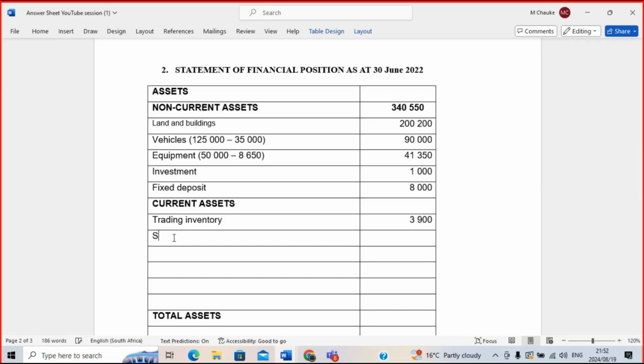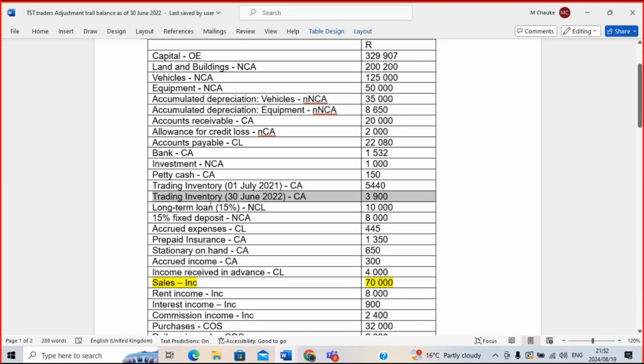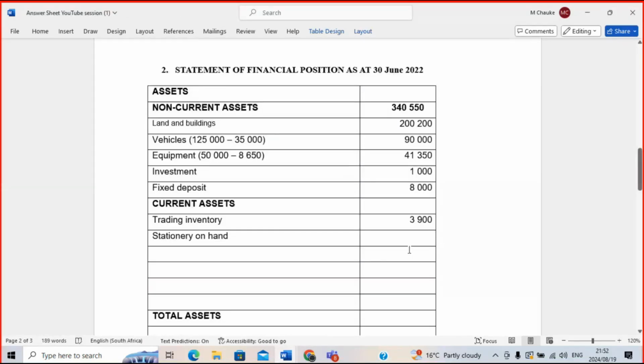And then we also have stationery on hand. Let's go and check how much is our stationery on hand. Stationery on hand is 650. We're going to go to our answer sheet and put 650. And then we also have bank. We also have petty cash, if I'm not mistaken.